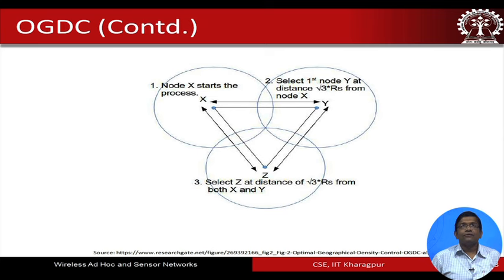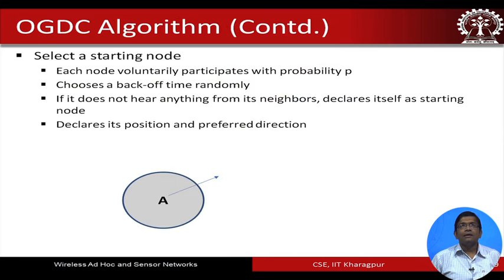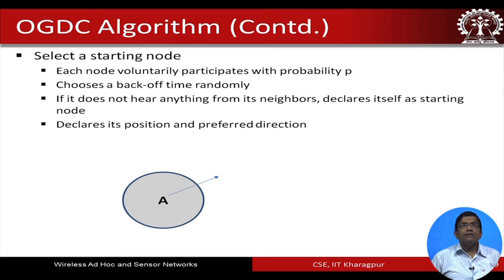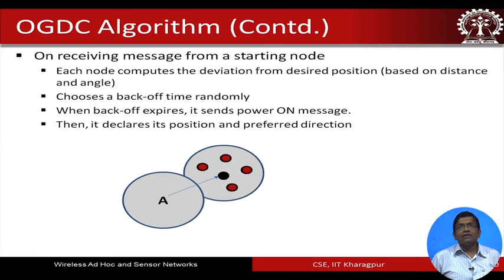So, we start with selecting a node. The node voluntarily participates with a probability p and chooses a back-off time randomly. If it does not hear anything from its neighbors, it declares itself as a starting node and declares its position and the preferred direction.